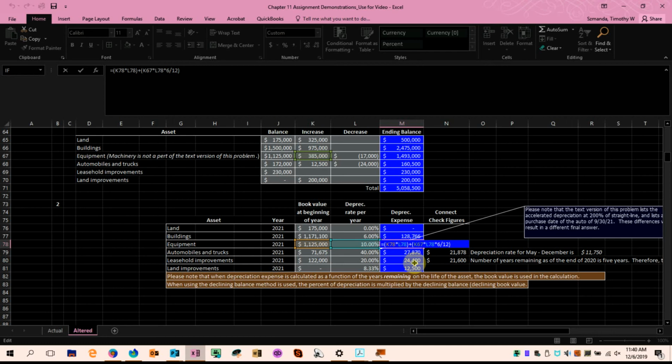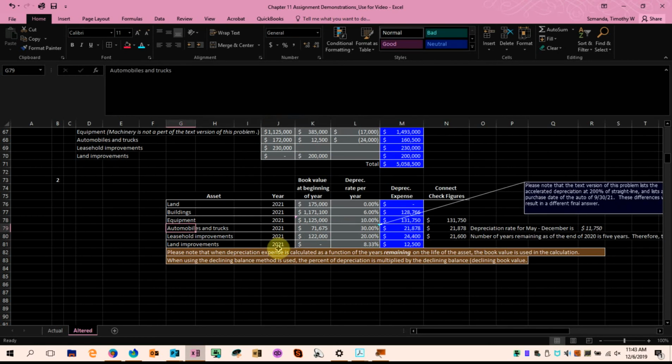So we'll take 10% times 325,000 and then times 6/12. And we'll add that product to the 10% of the 1.125 million, and that'll give us our total depreciation for the year of 131,750.